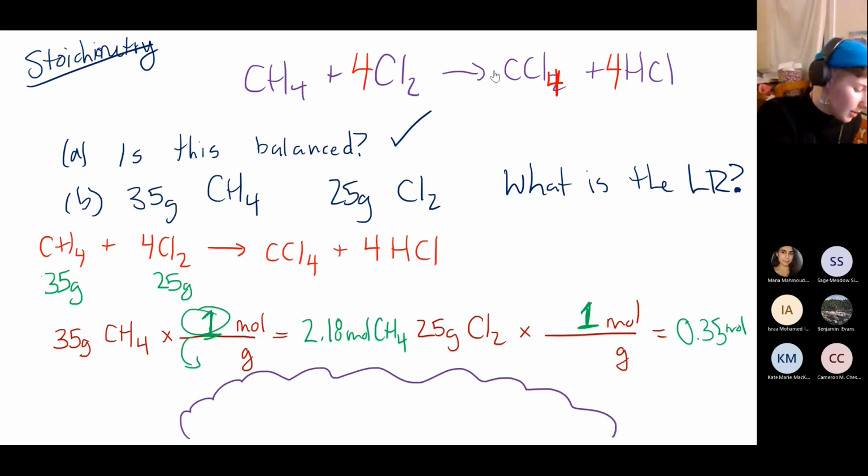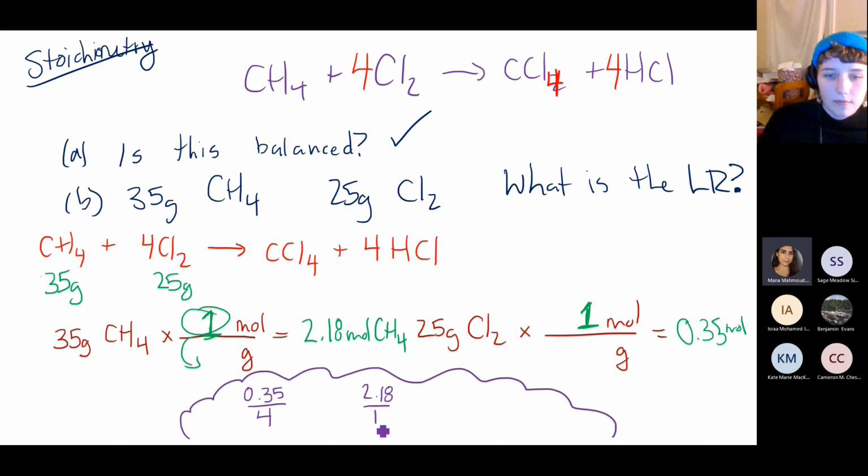We've got 2 minutes. We probably won't get to finish this question. We divide 0.35 by 4 and the other one by 1 because that's their mole ratio. And the smaller number would be the limiting reactant.